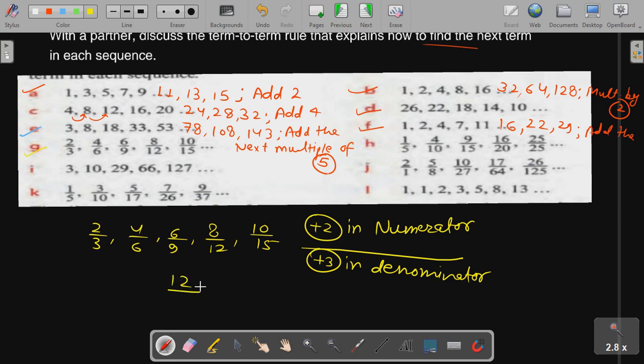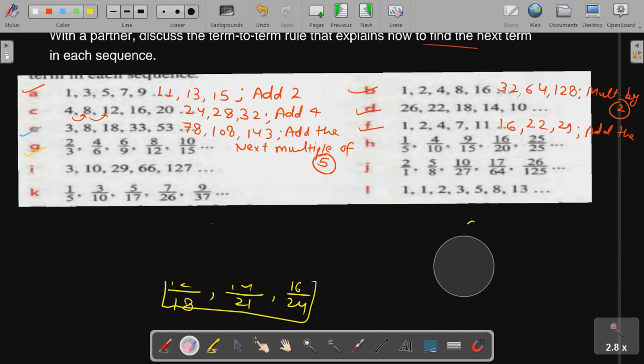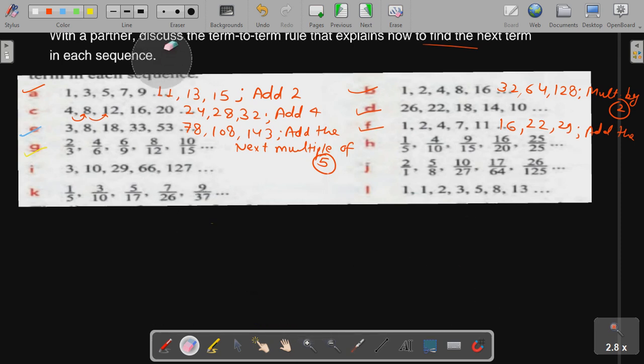So the next three terms: if I add 2 to 10, I get 12, and 3 to 15, I get 18. Next one is 14 by 21, then 16 by 24.